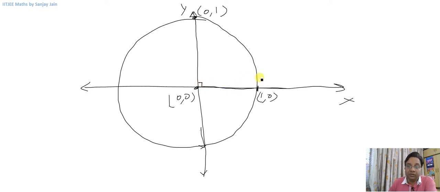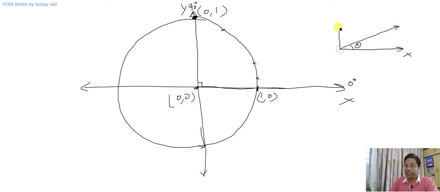So we go from here to here and ultimately reach this point, which is 90 degrees. So this angle here is 0 degrees. In this case, we are looking at the angles with the positive direction of the x-axis, right? So this is the angle that we are talking about.